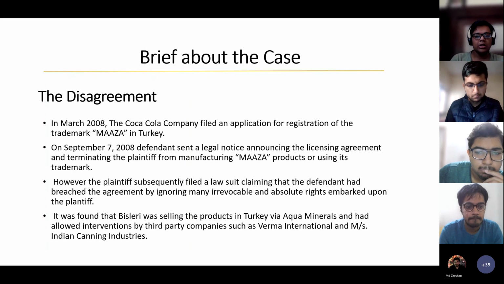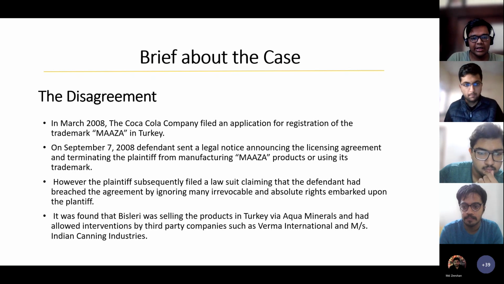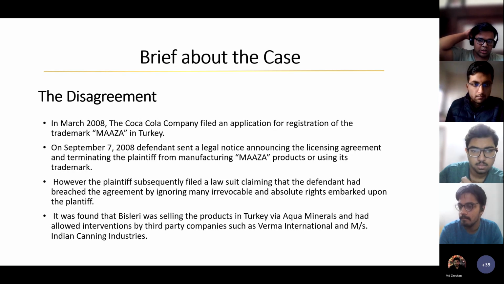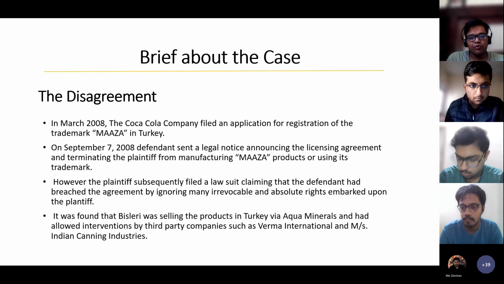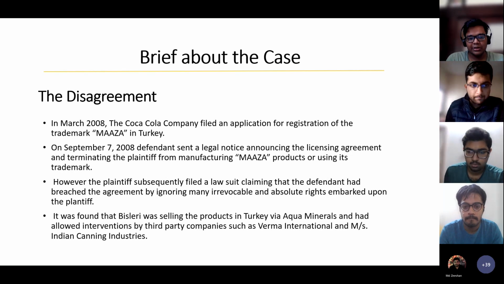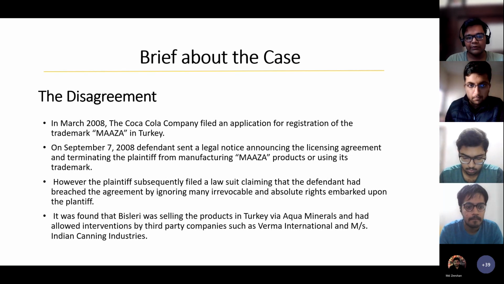In return, the Coca-Cola company sued Bisleri for violating the agreement terms by many irrevocable and absolute rights embarked upon the plaintiff. They also alleged that Bisleri was selling the products in Turkey via Aqua Minerals, and had allowed intervention by third party companies such as Verma International and MS India Canning Industries.